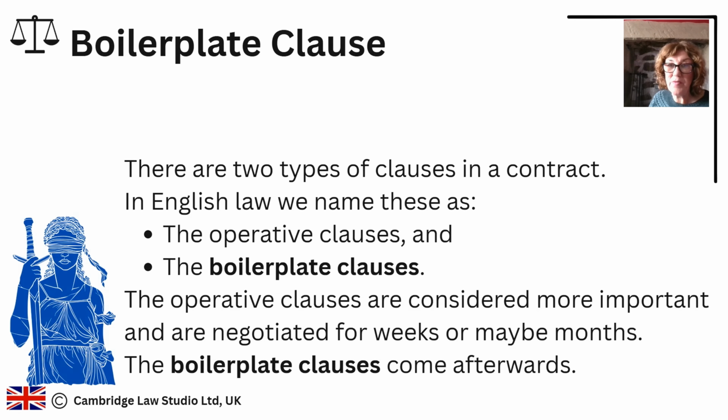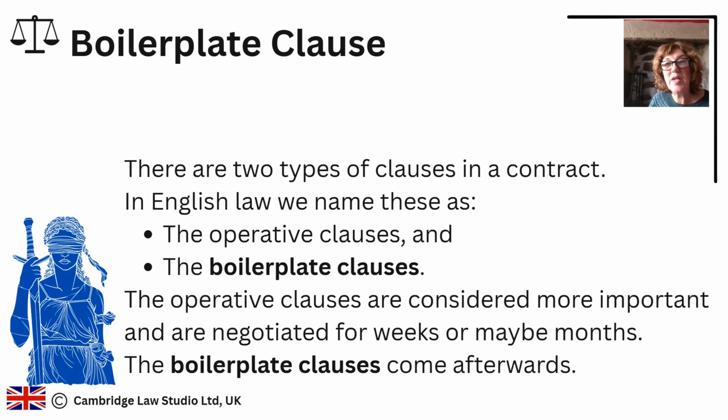So, operative clauses, just an example. If you and I were negotiating a contract where my client in England was buying something from your client in your country, the operative clauses are the things that we would talk about for a long time.